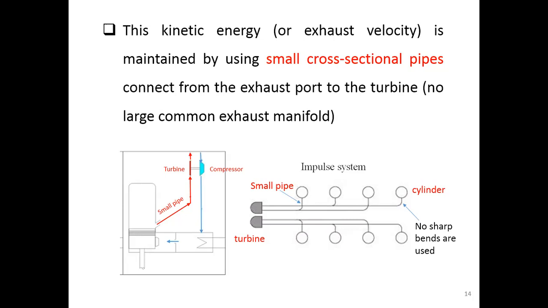So we use a small cross-sectional pipe. When the exhaust comes out from the cylinders, we keep the same pipe diameter along the way the exhaust flows to the turbine. This is the way to keep the kinetic energy of the exhaust.